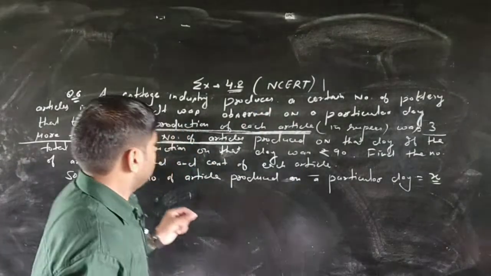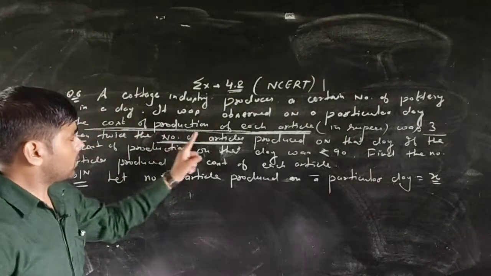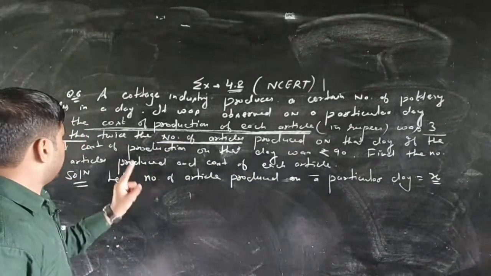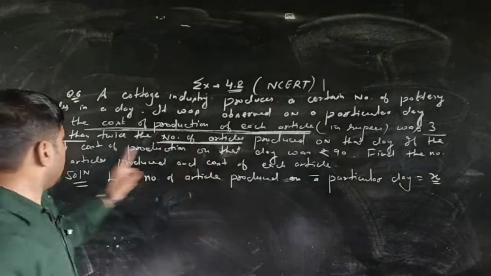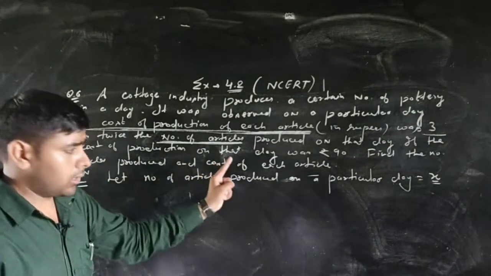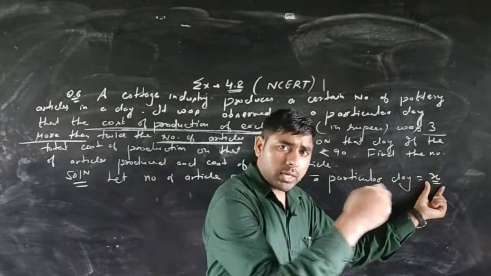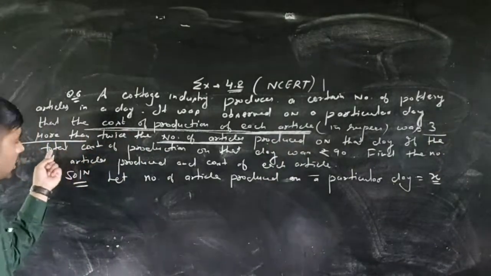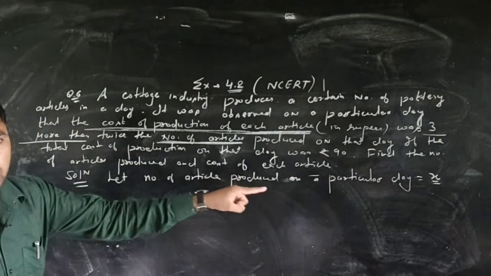According to the question, the cost of production of each article, meaning the cost of one article, was 3 more than twice the number of articles.